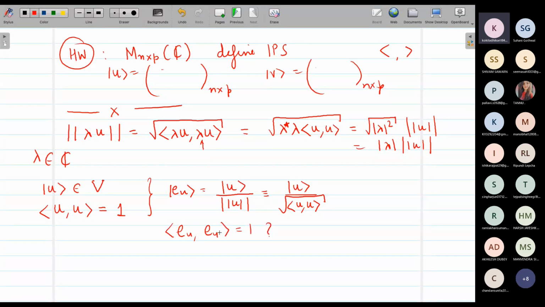Please do it now. All you are supposed to do: 1 over the square root of u comma u. Is it a positive real number, or a complex number, or what? 1 over the norm. Is it a positive real number or something else? Positive real number.